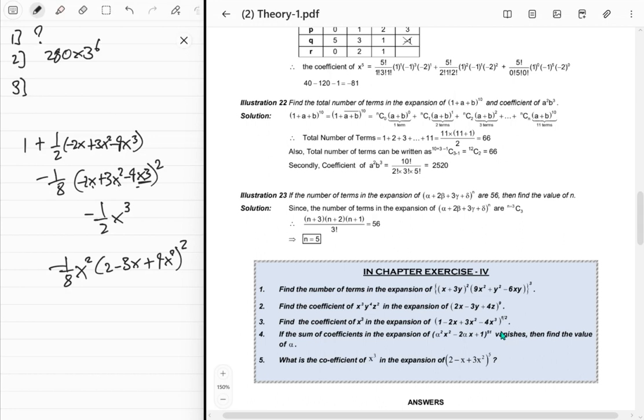It's got no x cube term, so I just have to rely on that. I'm thinking of 2 brackets and then choosing 1 term from each bracket. That will give us 2 times negative 12x cube. Oh, you don't want x cube, you just want the x term over here.